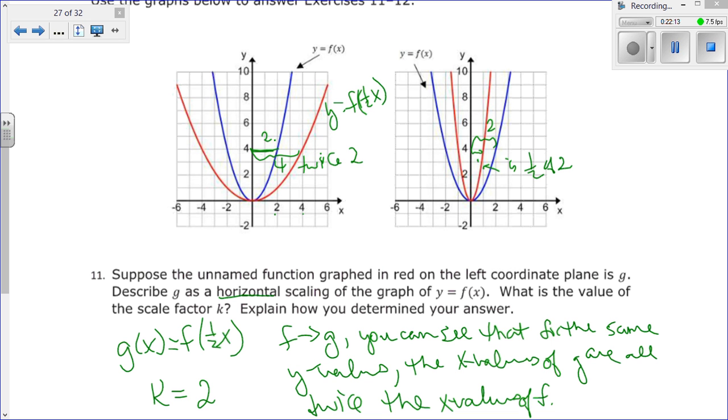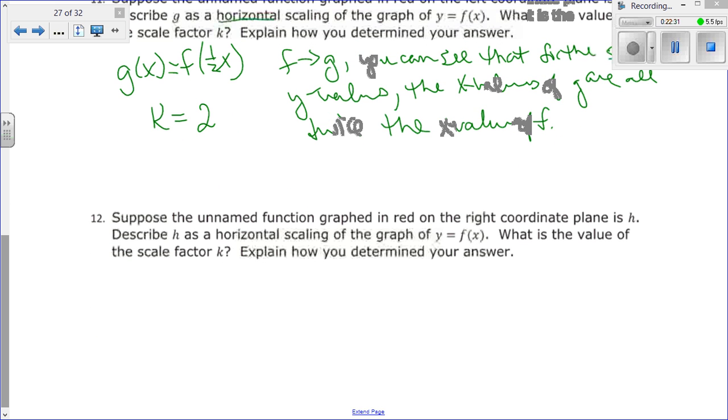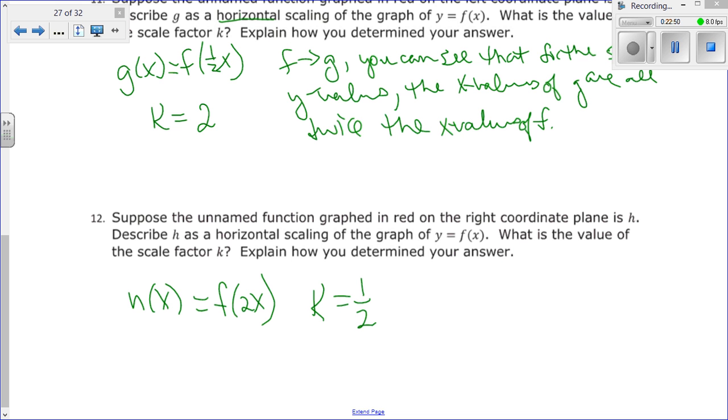So y for this equation would be equal to f of 2x, because in order to get it to look like f of x, I have to double all the red values. So h of x is equal to f of 2x. So k is equal to 1/2.